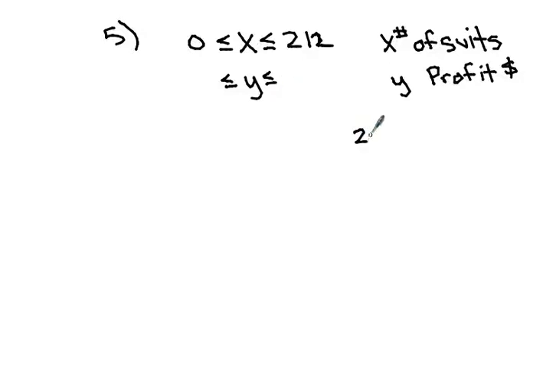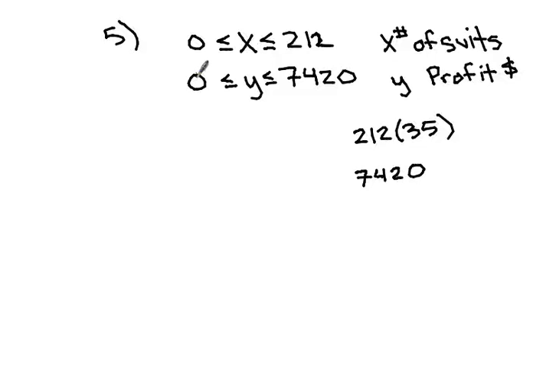So 212 suits times $35 per suit gives us 7,420. So I know at most I can make 7,420. What's the least I can make? 0. The least amount of money we can make? 0. If I don't sell any suits, we won't make any money. So there's my applicable domain and range for that situation. Good?